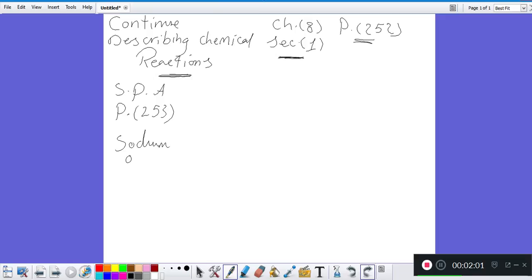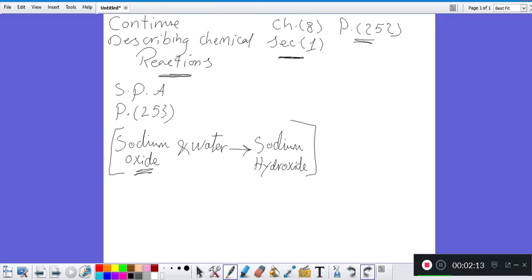Okay, so first we have here sodium oxide reacting with water, producing what? Producing sodium hydroxide. We are going to change that word equation into a symbol equation. We are going to use the symbols to write a balanced chemical equation. For sodium oxide, it is definitely Na2O, and we know exactly what the 2 means.